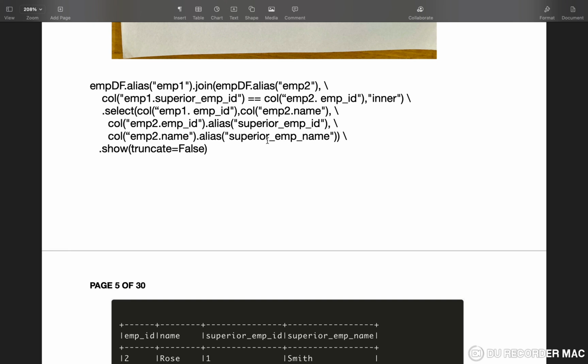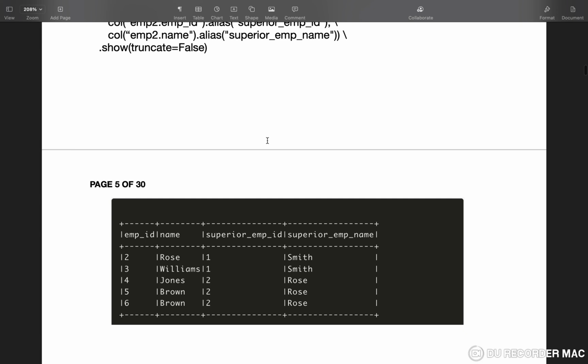So let's see what the final data is. If you look at the final data, we observe that we are joining the employee data set with itself to find out the superior employee id and name for all the employees, right? So Rose is a person whose superior employee is Smith.